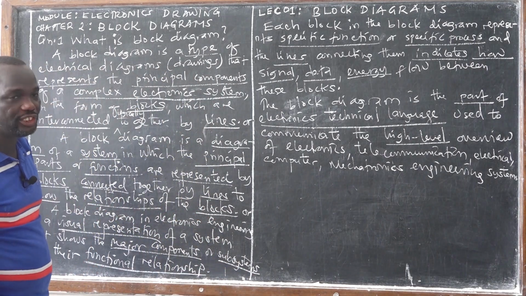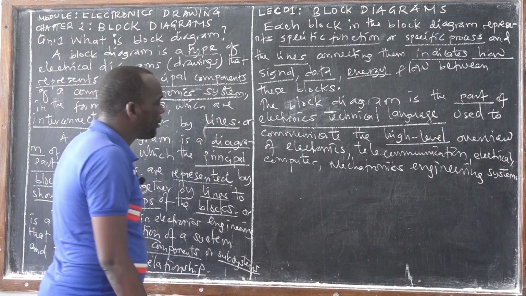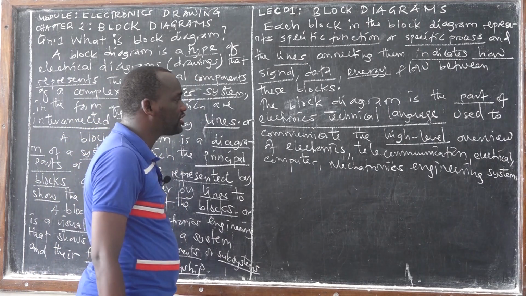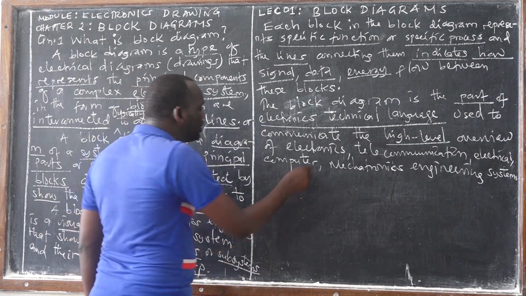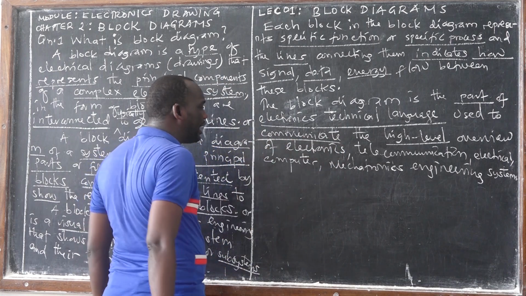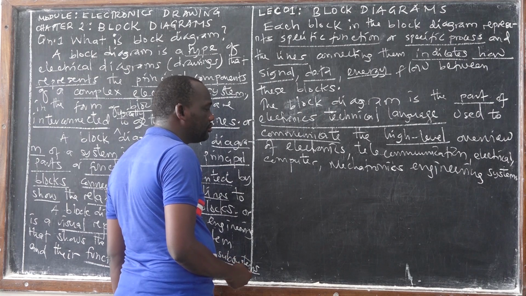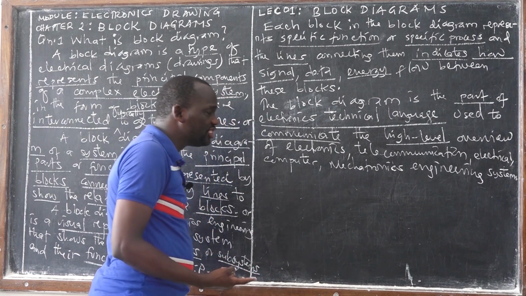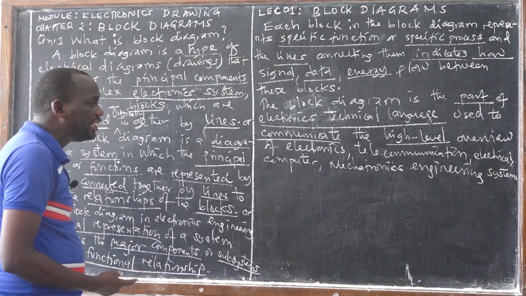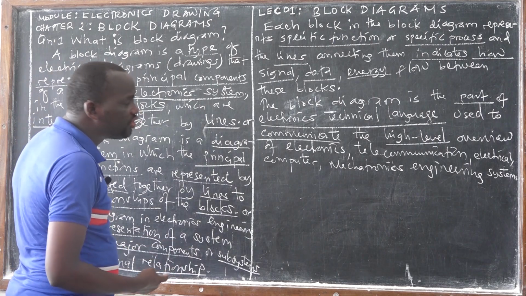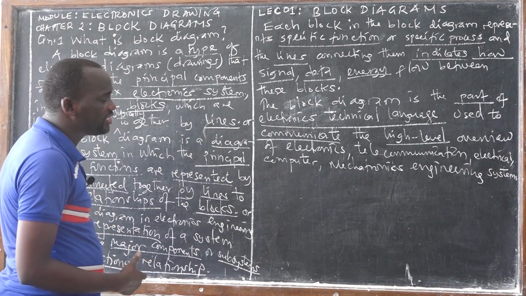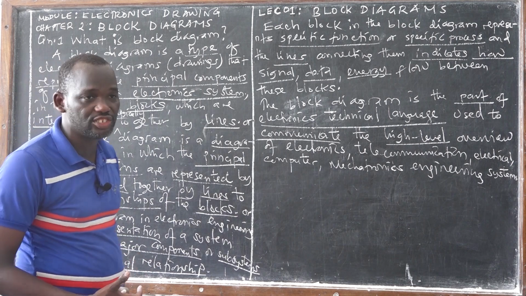So the block diagram is a part of electronics technical language used to communicate. To communicate what? The high-level overview of either an electronics engineering system, telecommunication engineering system, electrical engineering system, computer engineering system or mechatronics engineering system.